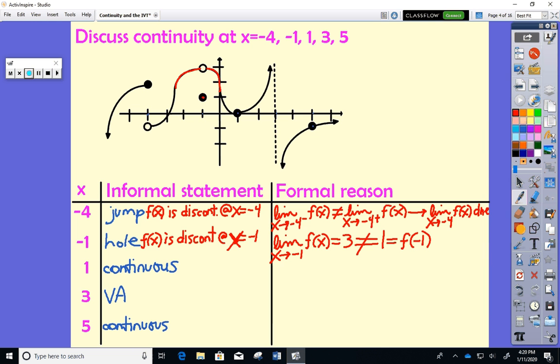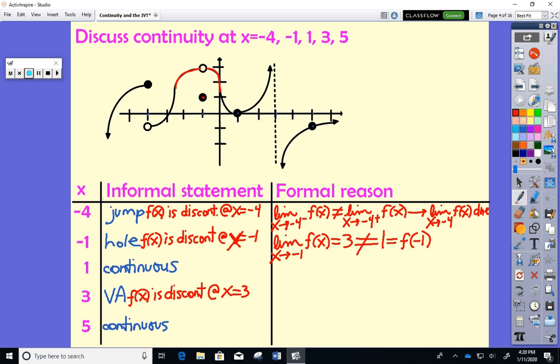All right, so let's look at x equals 3. So again, I'm going to say that f of x is discontinuous at x equals 3 because, okay, so let's go back to the graph at x equals 3. That's where my vertical asymptote is. Do you notice that at x equals 3, the limit does not exist because there's unbounded behavior? Do you also notice that f of 3 does not exist?